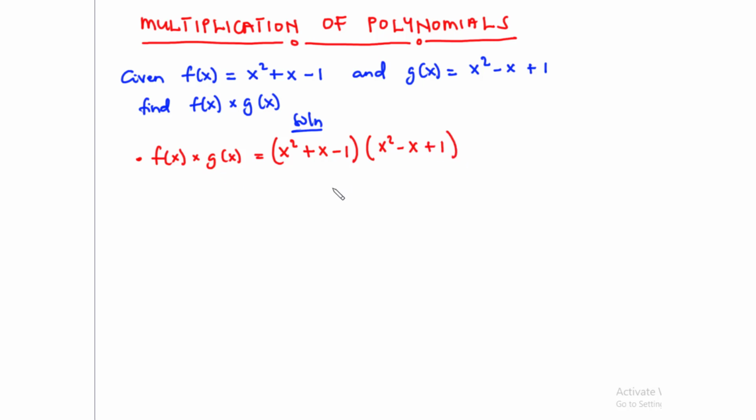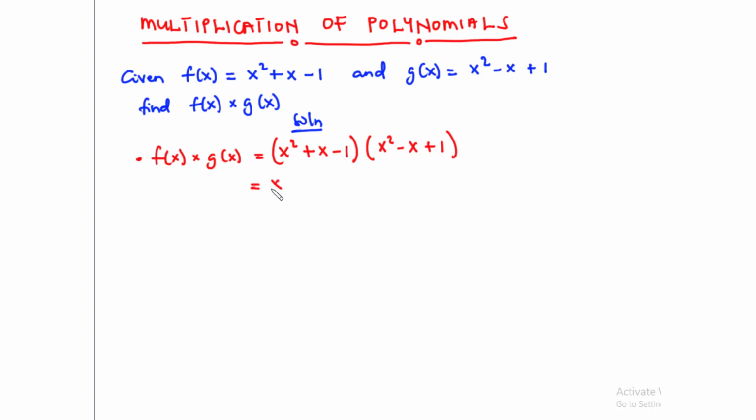So basically what we are going to do is pick one term, let's say the x squared term of f of x, and then we multiply across the function g of x. Next we pick the second term, which is x, and then we multiply across g of x, and then we come back to pick the last one, which is -1, and then we multiply across g of x.